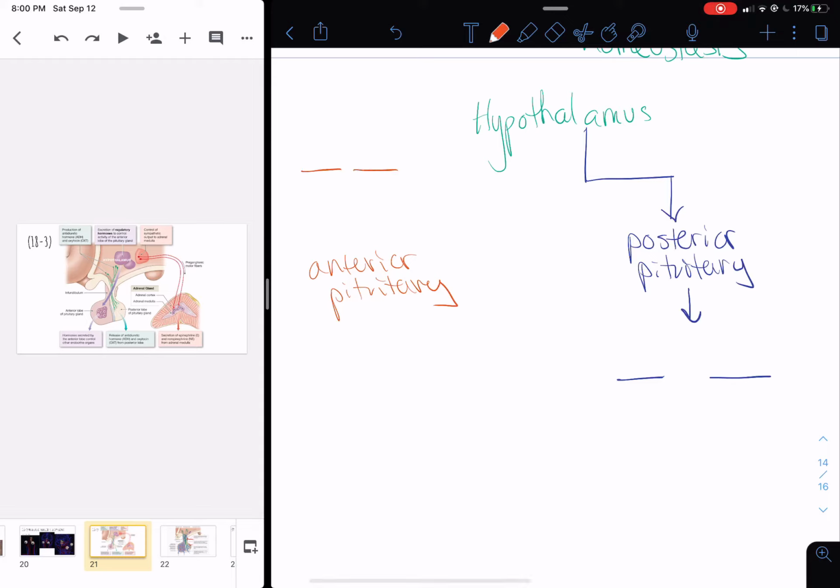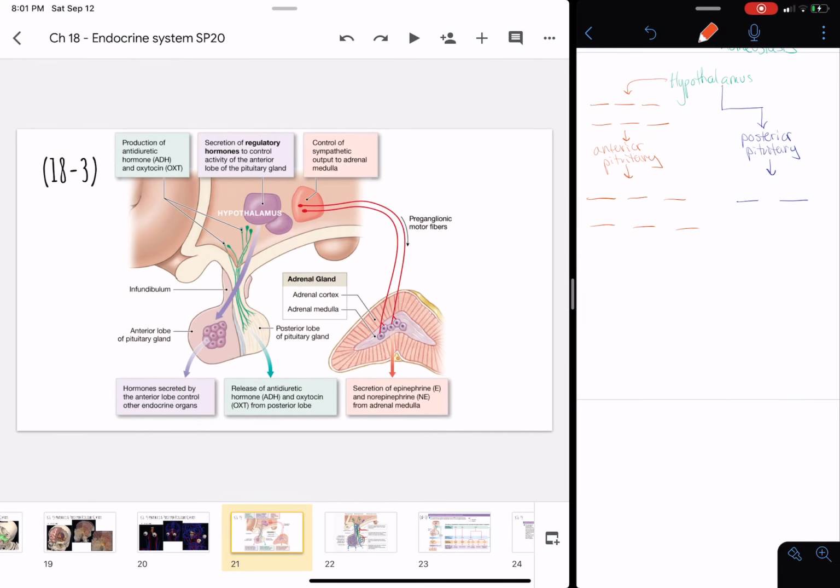So 1, 2, 3, 4, 5, 6. And then those are going to talk to the anterior pituitary, and the anterior pituitary is going to secrete 1, 2, 3, 4, 5, 6 different hormones. Okay, so we'll come back to this and we'll talk about what those are.